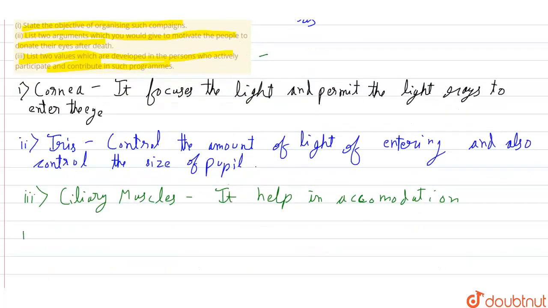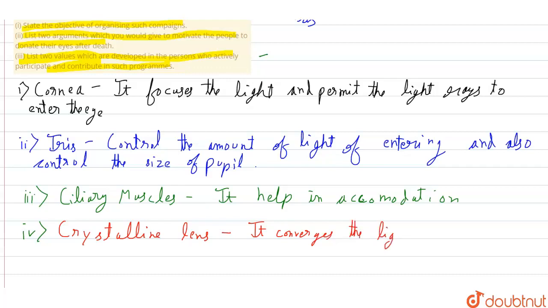And the last part is the crystalline lens. What does the crystalline lens do? The function of the crystalline lens is to converge the image, or you can say it converges the light rays onto the retina.